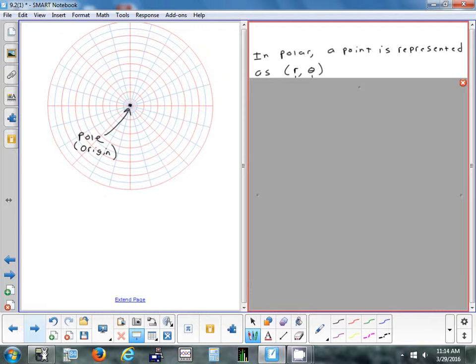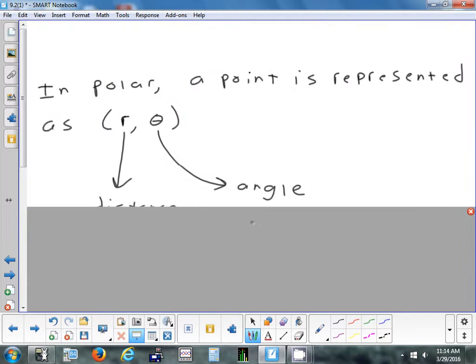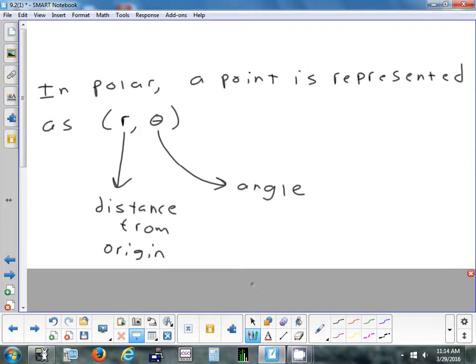Okay, so what we'll do to represent our radius is that'll be r, and we'll represent our angle as theta. Okay, and that's what a point looks like in polar. Okay, so an example would be 3, 30 degrees.